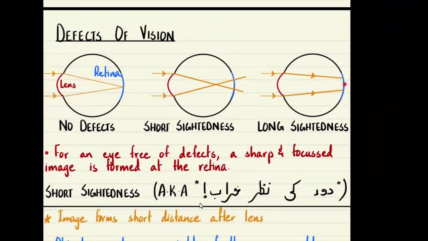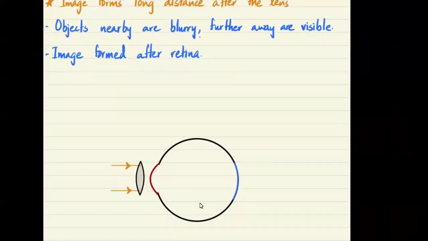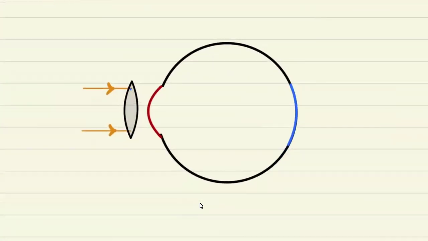Because you want to make them meet at the retina, you need a lens which will make them bend more. That will make the light rays come together. So for this case, you need a converging lens. And how would the converging lens look is basically these would already be coming closer together. Let me zoom in here for a better drawing.